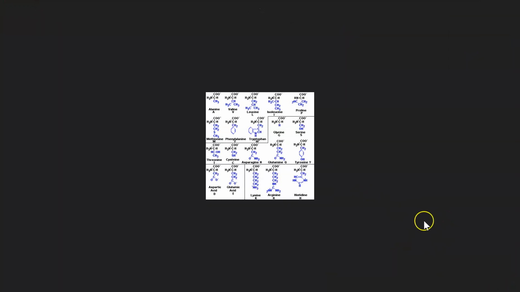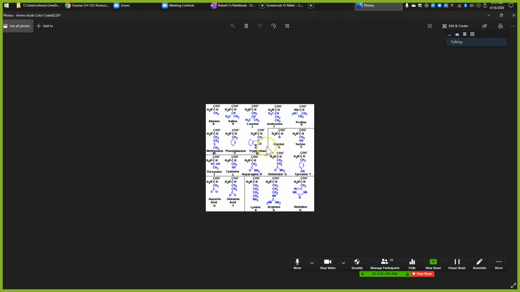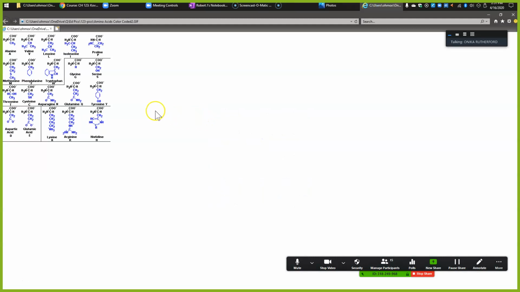Full screen it? No, that's not helpful. All right, how about if I just do this, open with. I can zoom in on it on my screen, and I'm sure others could too. I'm not sure why it's not letting me. All right, can we see that?